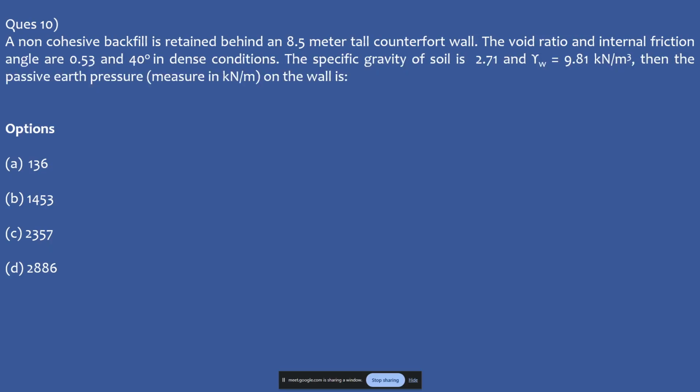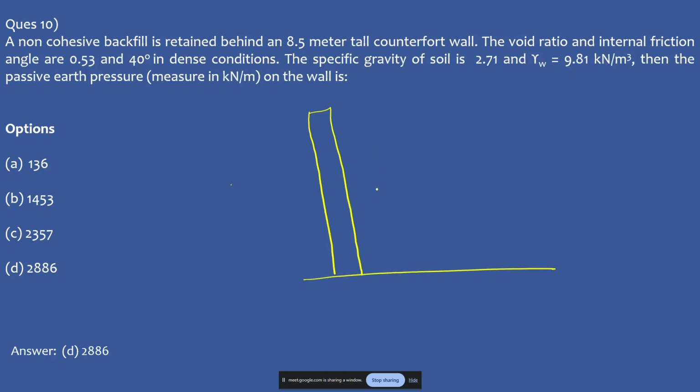So let's check the answer. The answer is option D. Let's say you are having a certain retaining wall with a non-cohesive backfill, and it's a counterfort wall.